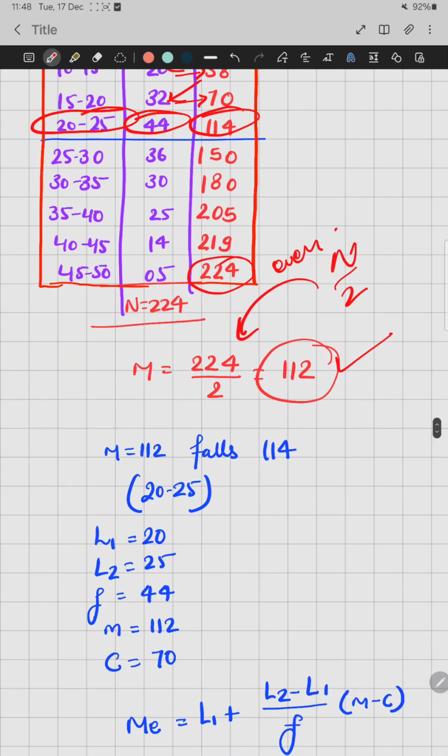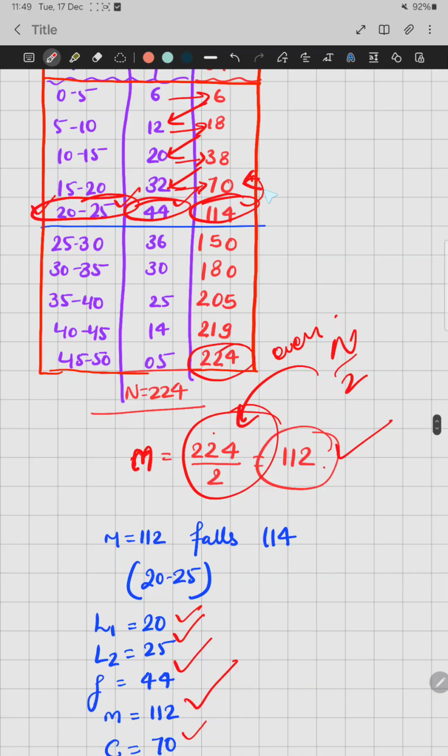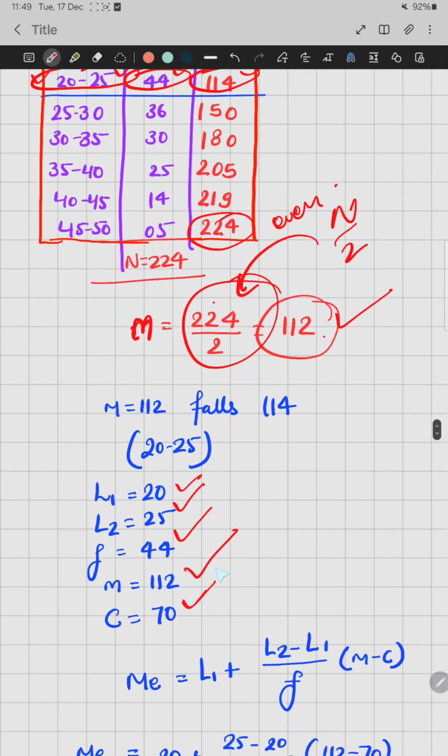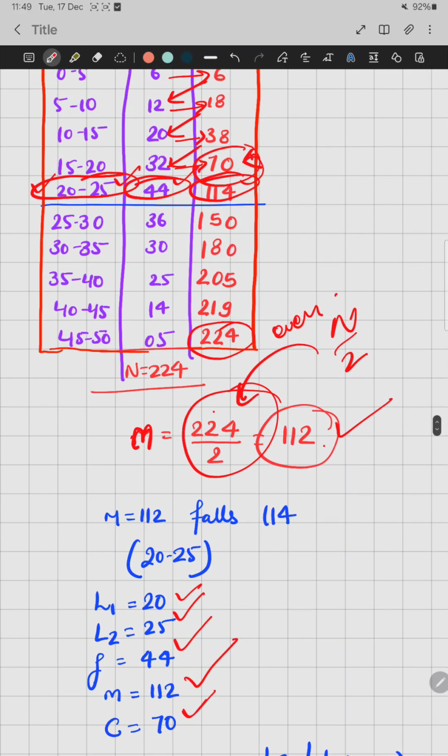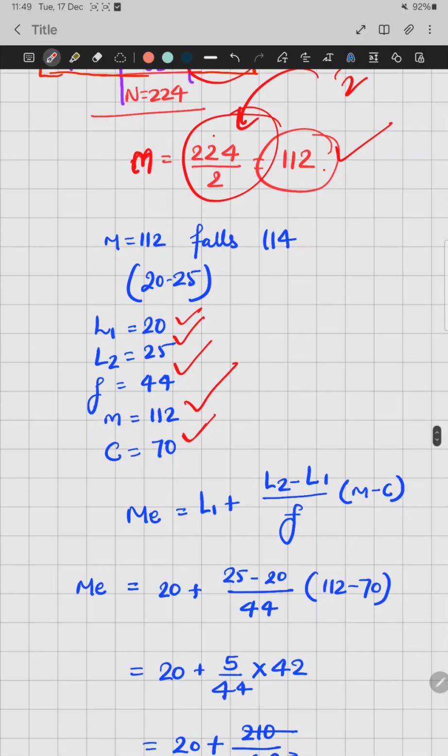Now here your L1 will be 20, your L2 will be 25, the upper digit, your F will be 44, just right in front of it, your small m came as 112 after solving this, and your C will be just above the CF value, which is 70. C will always be the CF value above the value where your m has fallen.